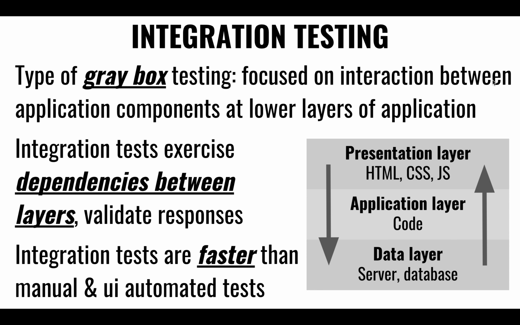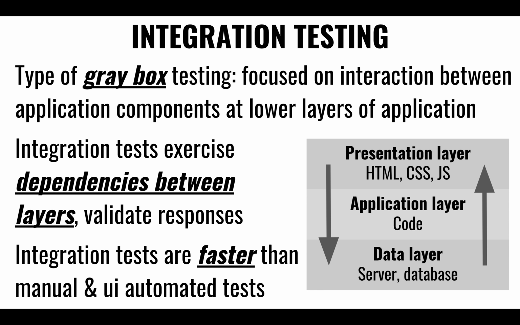There's also integration testing, as I mentioned earlier, which is a type of gray box testing, where it doesn't focus on just one layer, but instead is more interested in looking at how each layer interacts with the next layer, right? That if I jiggle this particular layer, how does that propagate through the rest of the layers?